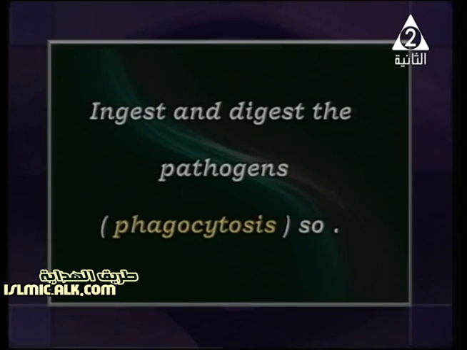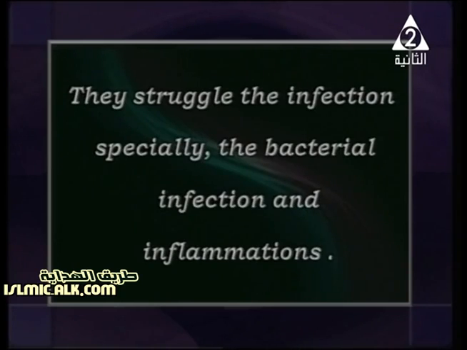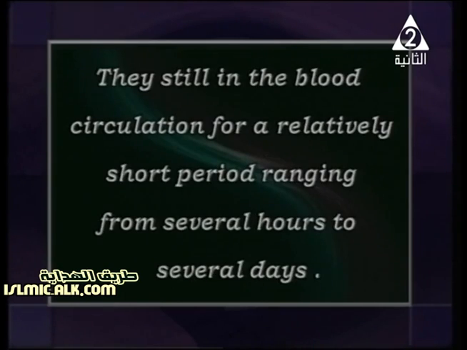Phago means to engulf something, and cytosis means to lyse it. Also they fight infection, especially bacterial infection and inflammations, and don't forget, they stay in the blood circulation for a relatively short period, ranging from several hours to several days.